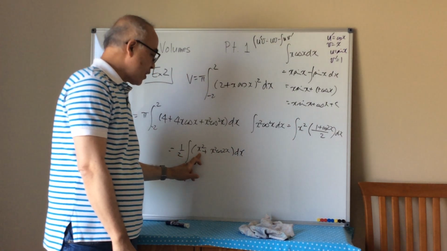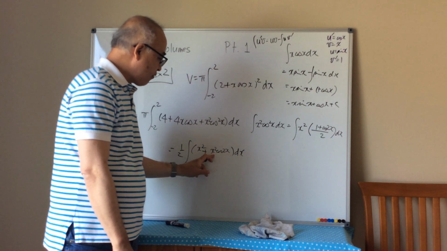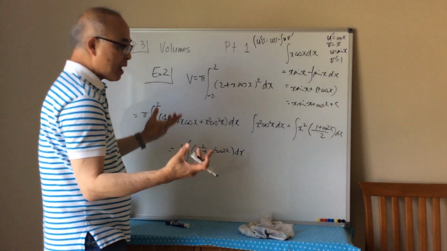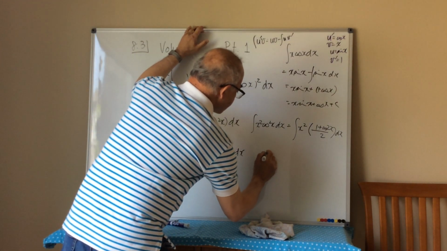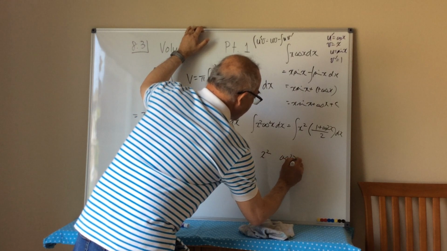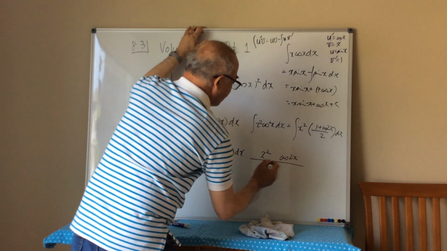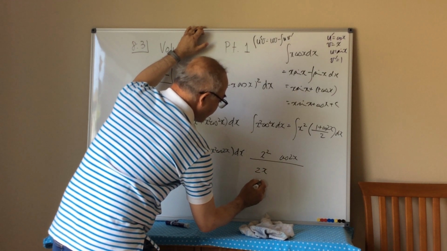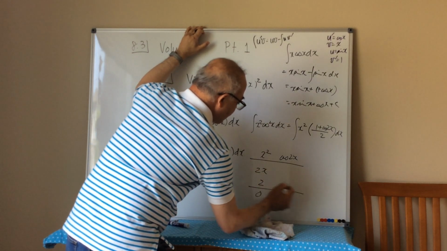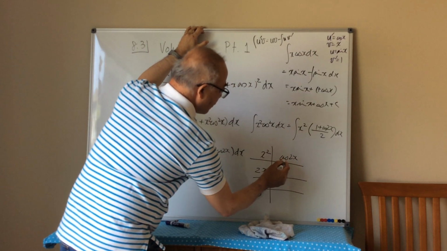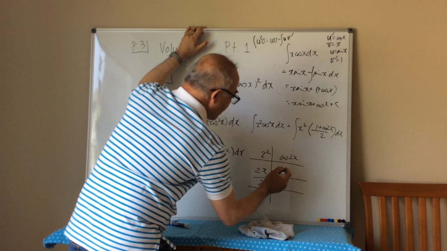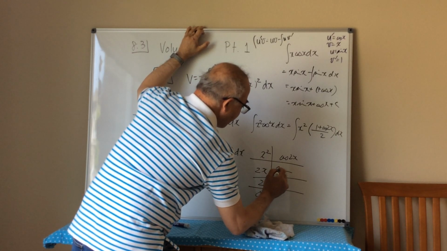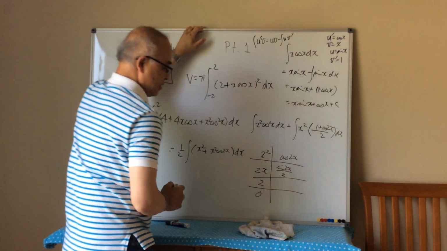This just becomes 1/3 x cubed. And then what do we have here? We can use a tabular form here, right? So it'd be x squared and cosine 2x. You want to take the derivative on this one, then over here you want to do the integration. If I integrate this, what do I get? I get 1/2 sine 2x.